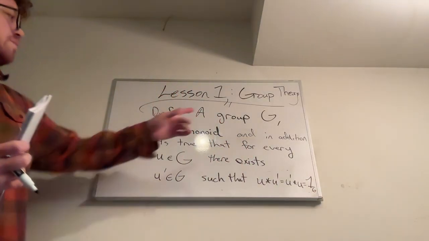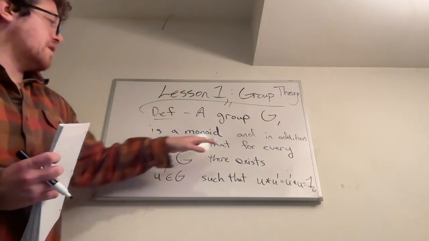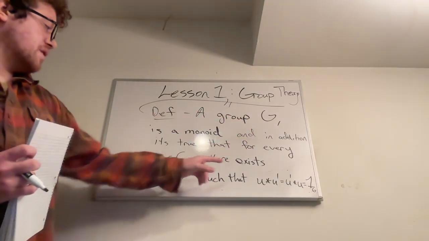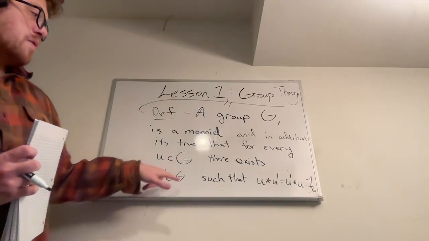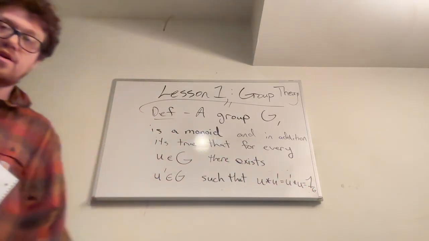All right, so a group G is a monoid, and in addition, for every element U in the group, there exists a U prime also in the group, and when I multiply these two elements together, I get the identity, no matter which order I do it in.